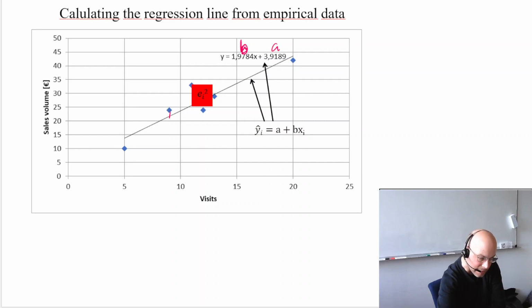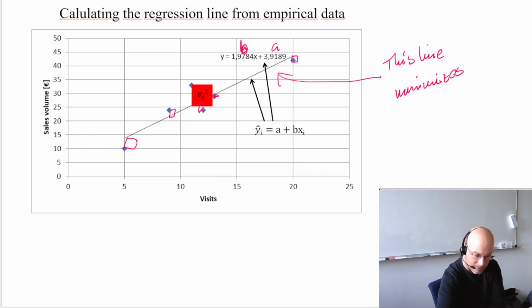And this line just minimizes the sum of all these red squares, i from 1 to n.